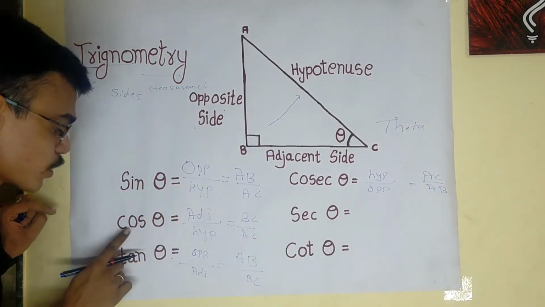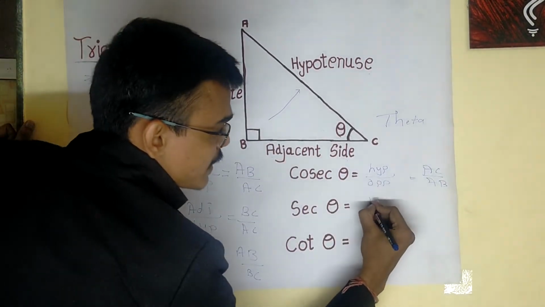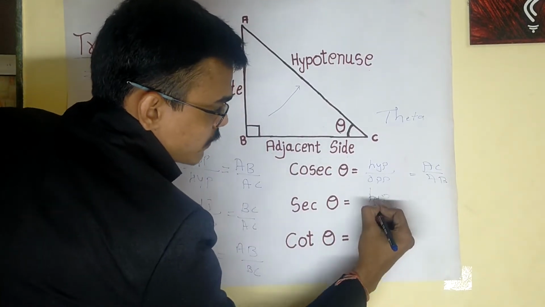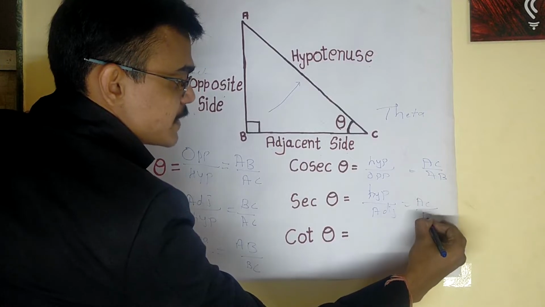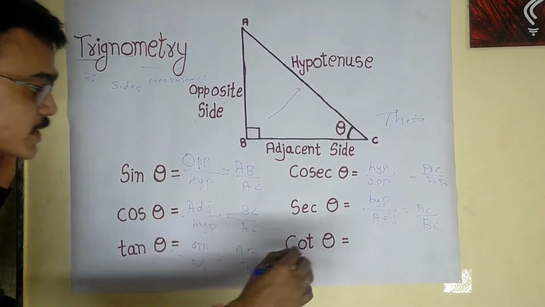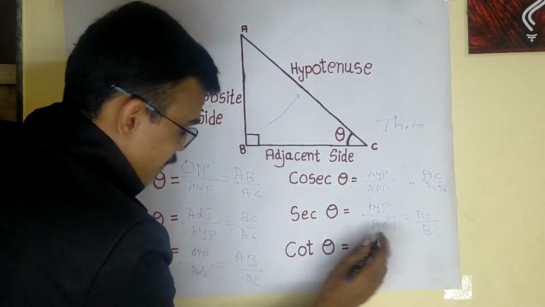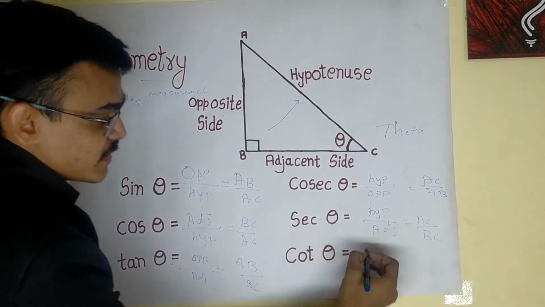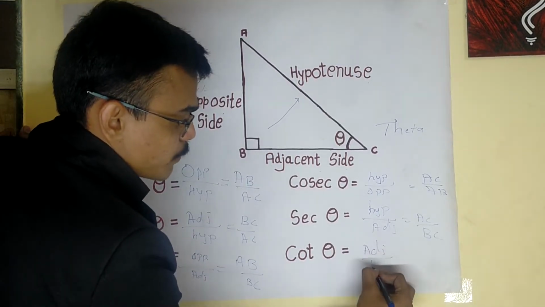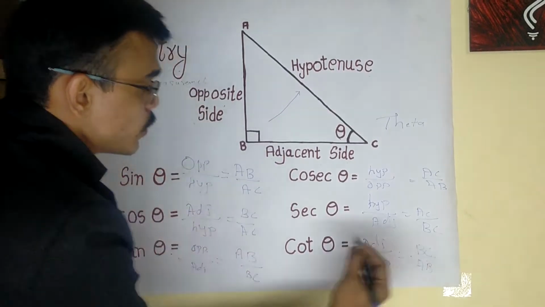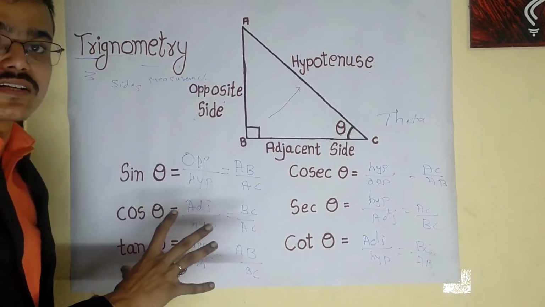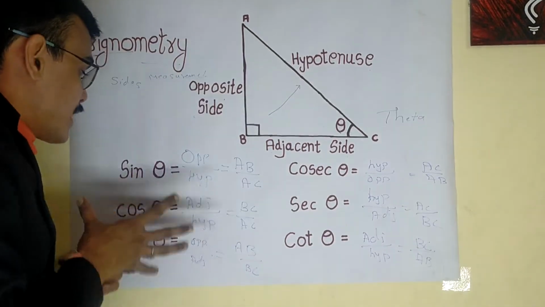Sec theta is the reciprocal of cos theta, so it will be hypotenuse upon adjacent, AC upon BC. What is cot theta? Cot theta is the reciprocal of tan theta, that is adjacent upon opposite, which is equal to BC upon AB.